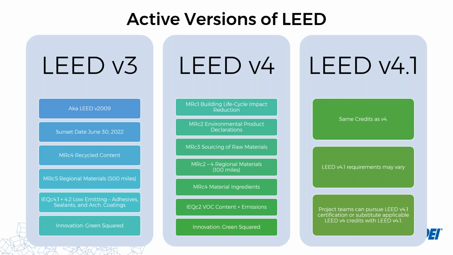One, because V3 is wrapping up, so there's no point in talking about that one. You can no longer register for version 3 projects, and version 4 is active and used, but 4.1 is a little easier than version 4. It's a little more streamlined in some of the credit categories, so that's why I'm going to use 4.1 today.